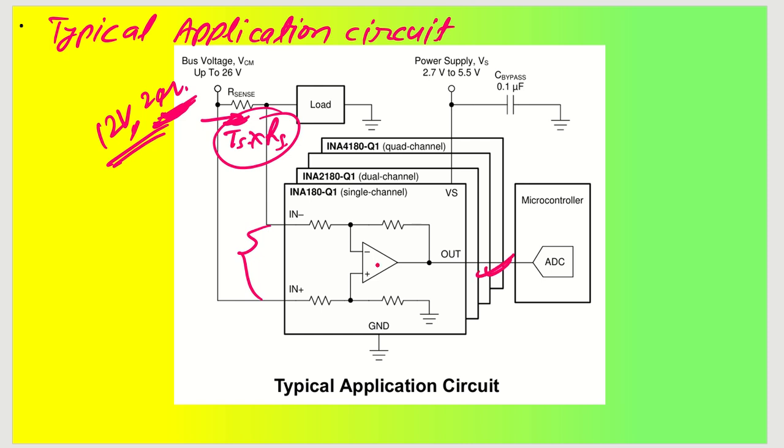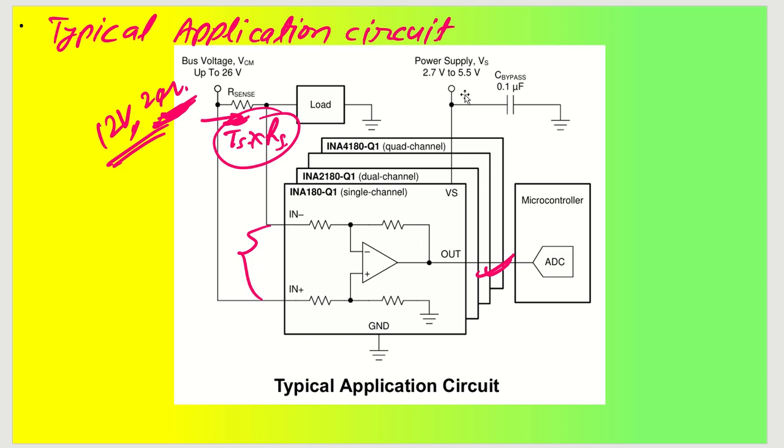This voltage output is going to go into the ADC, whether into the inbuilt ADC of a microcontroller, or you can send it to a separate external ADC, and from there it can go to the microcontroller. This is how you are going to measure the value of the current flowing through this sense resistor, and this is how you will be able to understand the amount of current that is flowing through this particular load.